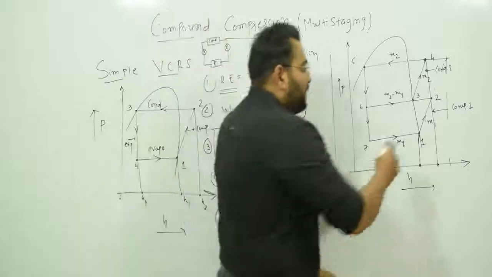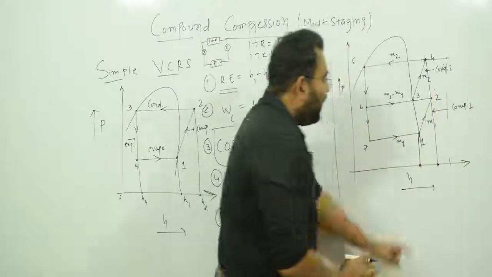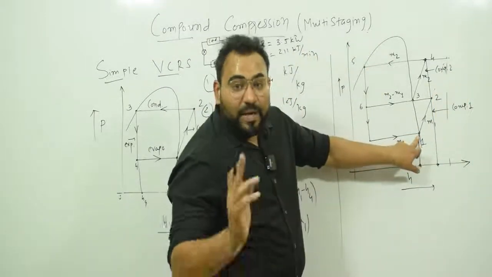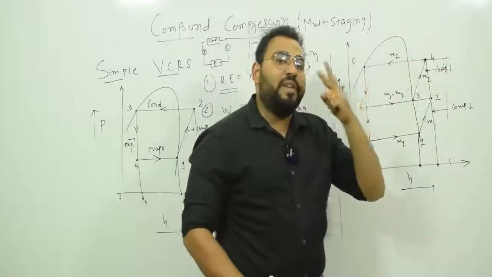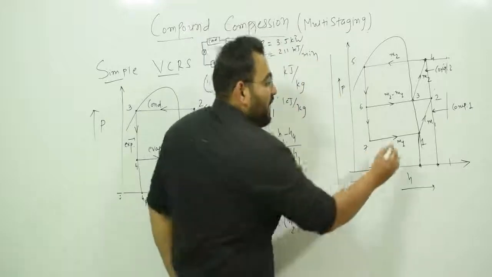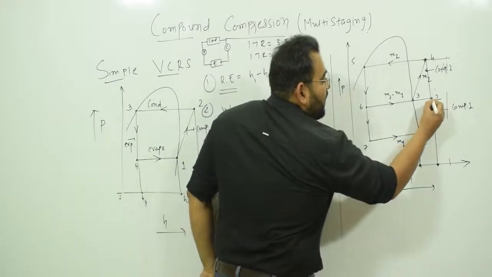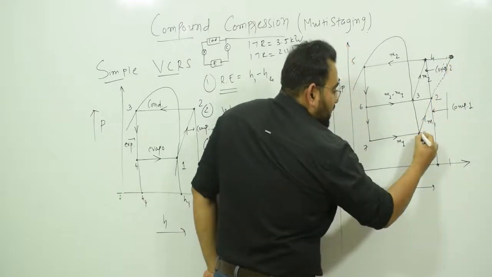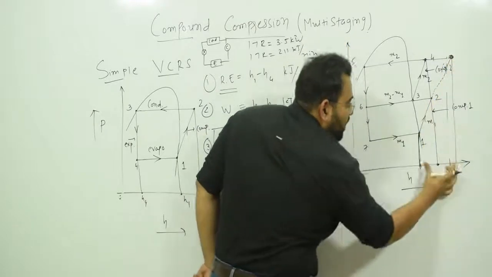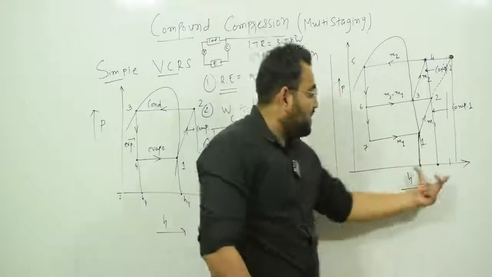Again, let me repeat. Here the compression is happening in two processes, 1 to 2 and 3 to 4. But instead of two compressors, if I use one compressor, then this line will go like this, and this will be your ending point. So this much will become your compressor work, so the compressor work is increased.